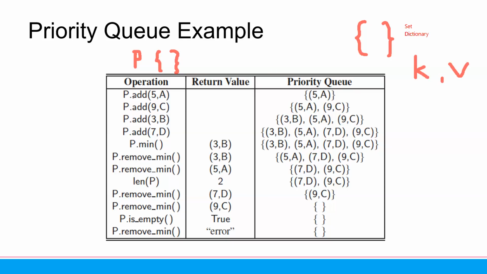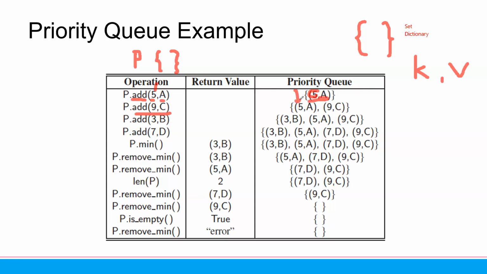Okay. So like this, for example, I want to add 5, A. So I have 5, 5 is the key and A is the item or the value. I want to add 9, C. So based on this priority queue, we want to check the minimum value. It means if I know that the key is smaller, it will be in front.